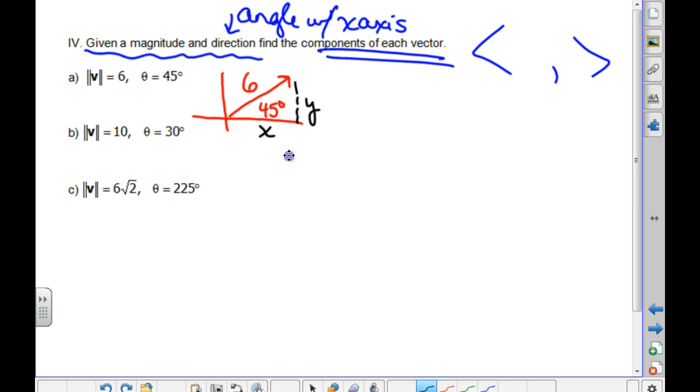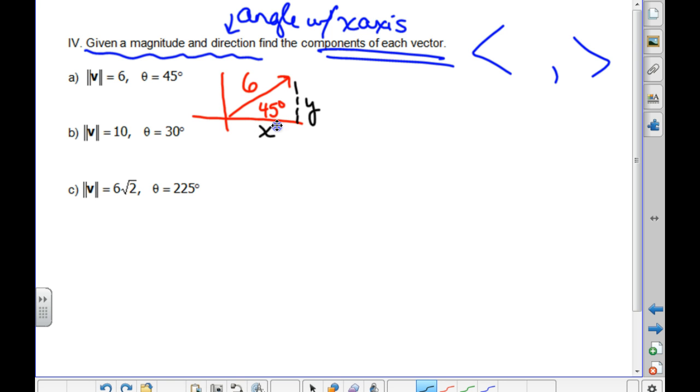We're going to make a right triangle, which means we can use what? 45, 45, 90. It is a 45, 45, 90, so you could just use your knowledge of special right triangles. If it was, say, a 37-degree angle, how would you find this length and this length, given the hypotenuse and an angle? Sine of 45 equals y over 6.